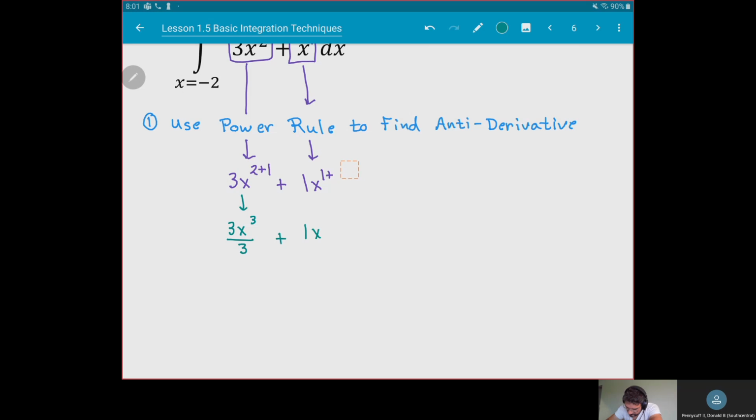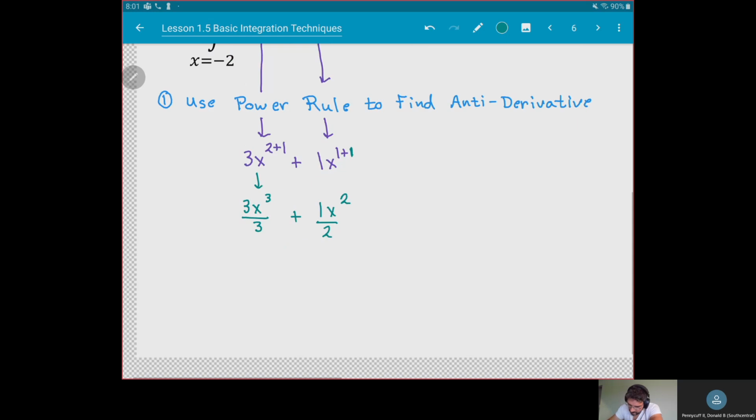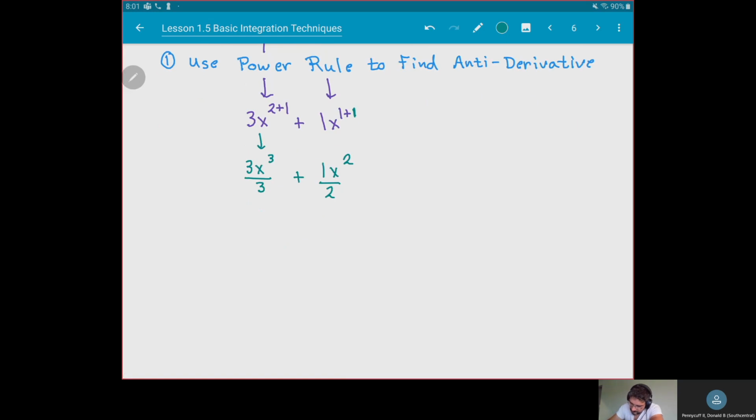Oh, that should not be a plus 2, that should be a plus 1. Boom. And so now that I have this, I can move on to step 2. Complete the integration.